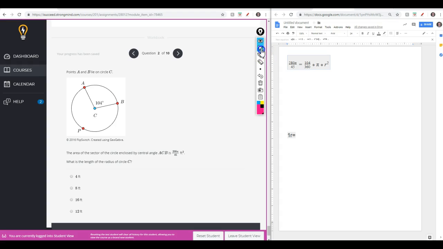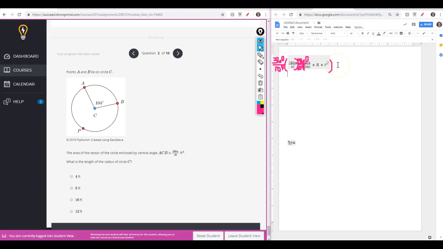I'm going to multiply both sides by 360 divided by 104.